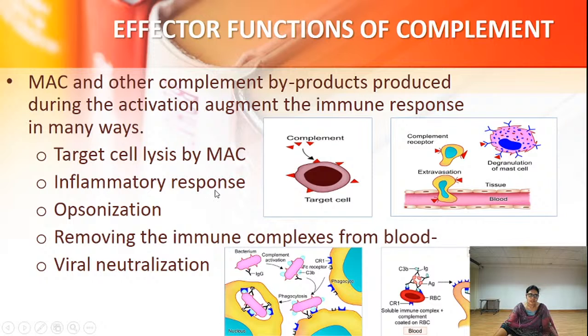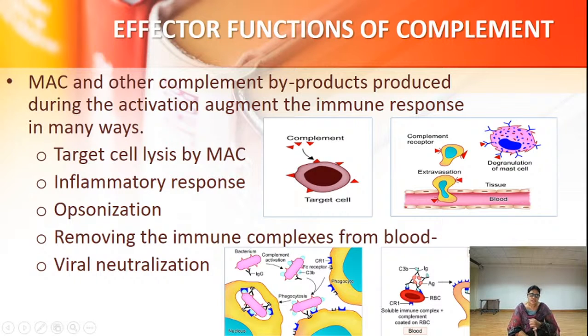And what about the inflammatory response? As we know, complement is releasing anaphylatoxins, and there is opsonization, increasing the phagocytosis. The antigen-antibody complex clearance in the blood is done by the complements, and virus neutralization is also done.